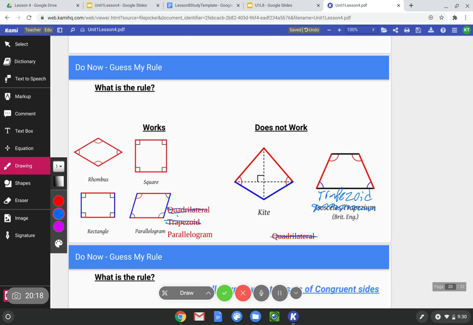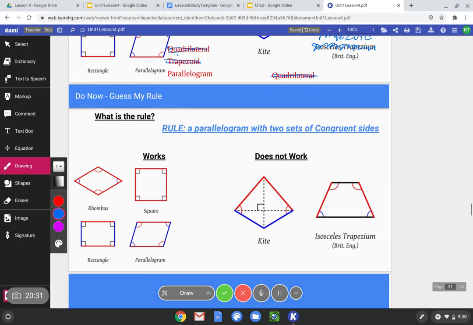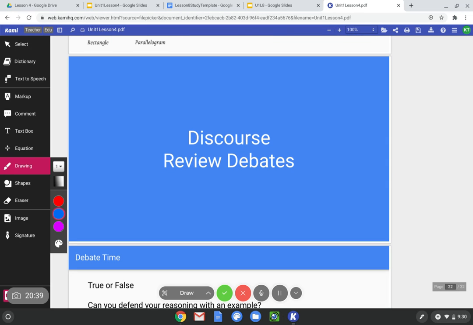So the rule must be that it has to be a parallelogram because look, the kite and the trapezoid aren't parallelograms, but all of these are. So let's go check it out. There we go, a parallelogram with two sets of congruent sides. Checks out.